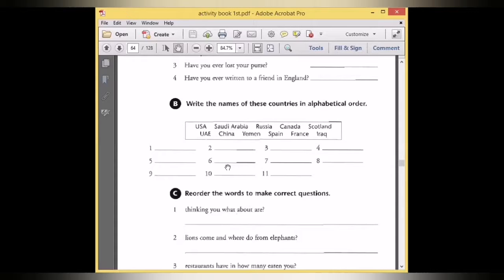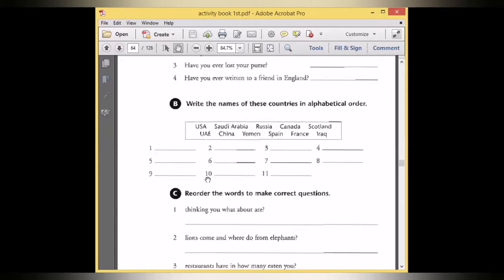Yes, Adam. Where were you? Now, number 8. Spain. Yes, exactly. And number 9. Spain, number 8. And number 9 is UAE.